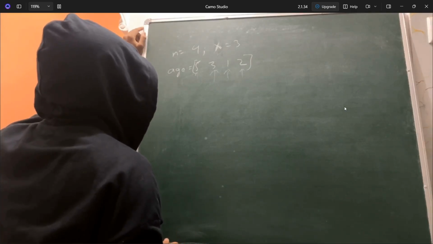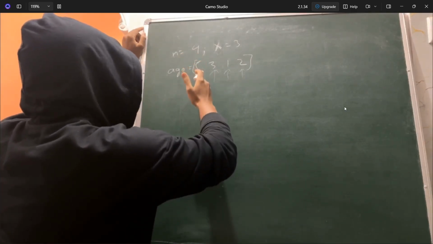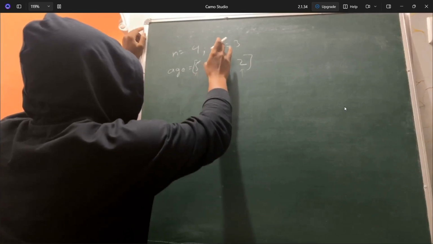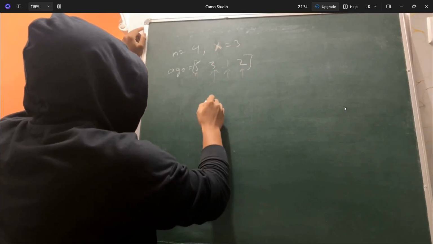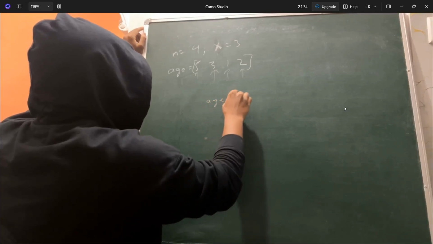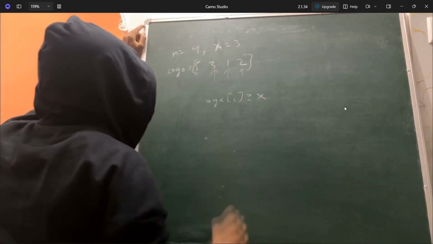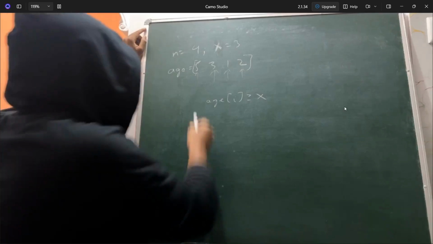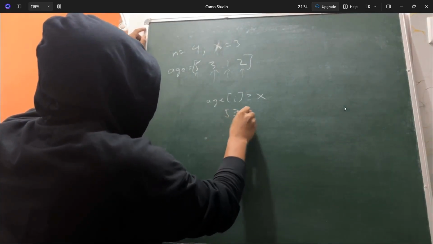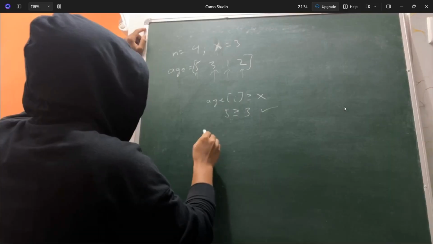So to vote, any person's age has to be at least x years old, they have said. So you will have to compare age of i greater than or equal to x. If that is the case, then that person is eligible to vote. In this case, 5 greater than or equal to 3 is true, so he is eligible.